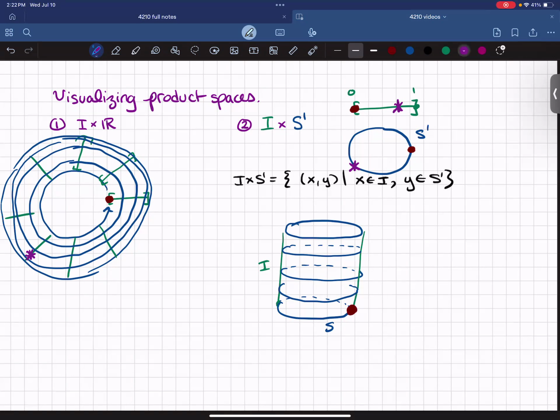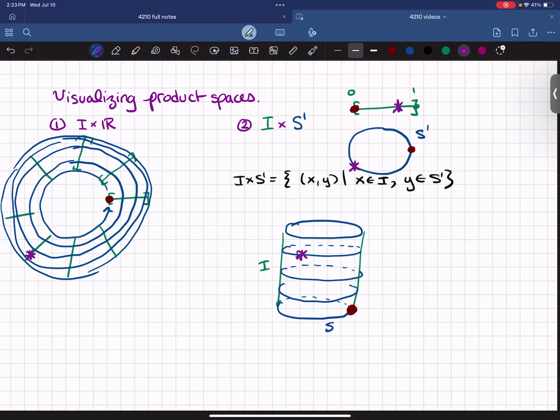And if I think of the other point on the unit interval as being at about 0.75, this point here, and then down here in quadrant 3, that would be about 0.75 of the way up the I. So that's going up the cylinder. That would be maybe right around here.